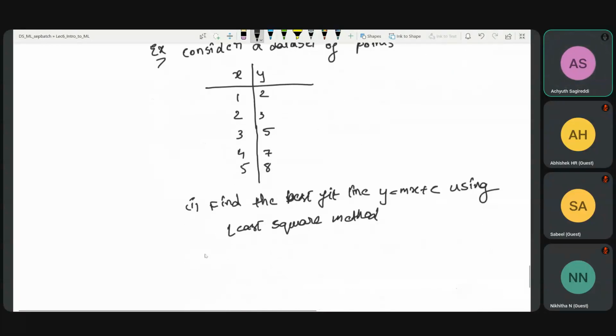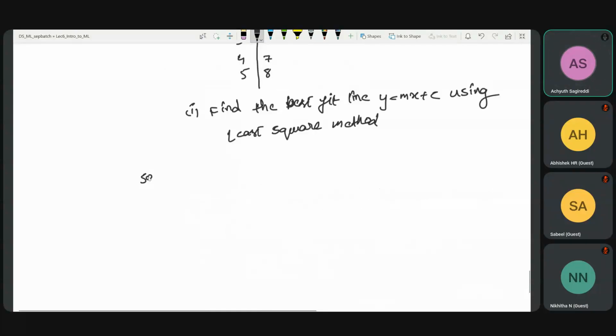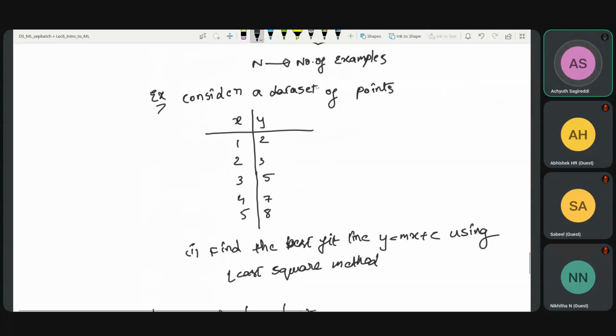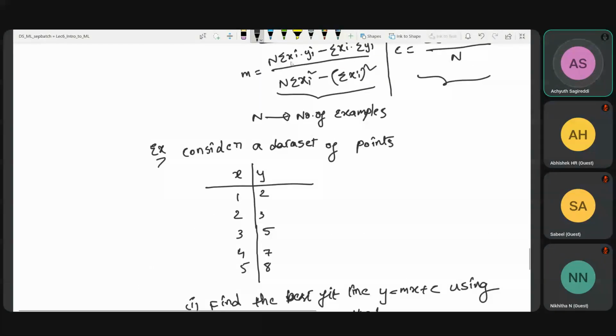For this, we require x, y, x into y, and x square. We require the summation of x into y.